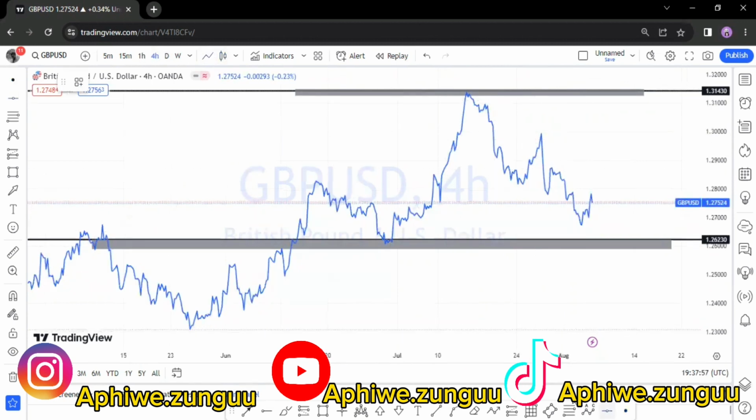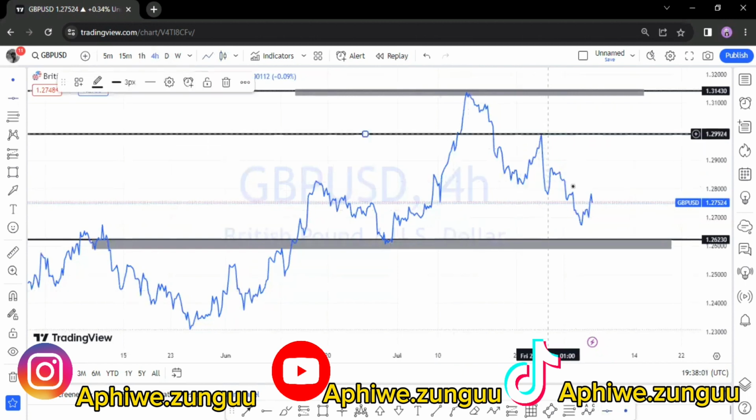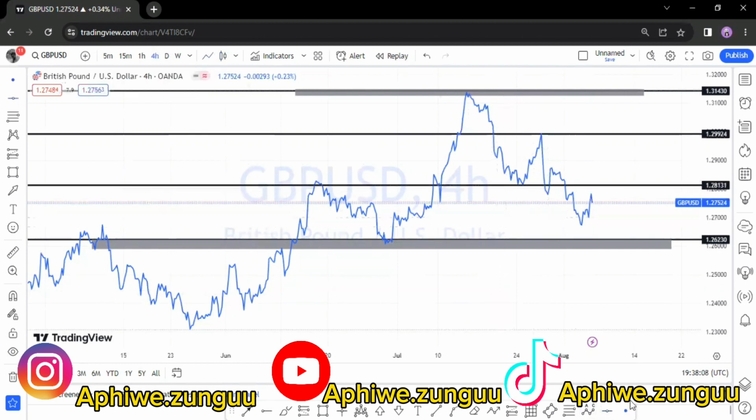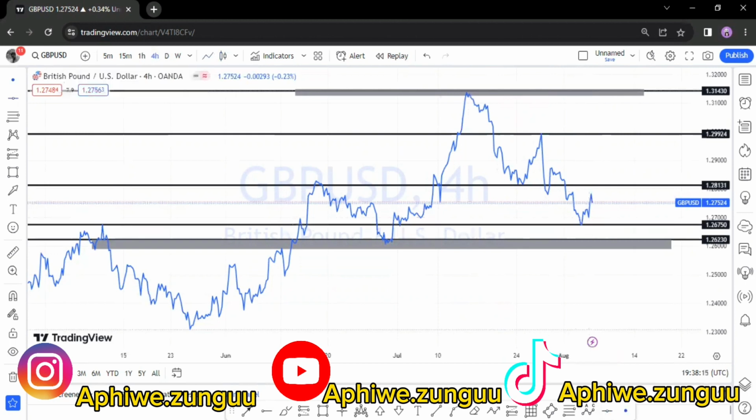So we have lower highs, which is over here, and we have lower lows, which are over here, right? These are my lower highs and lower lows. As you can see, the market also reacted over there.